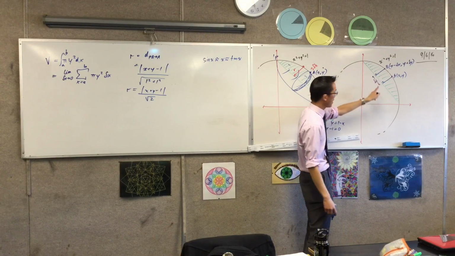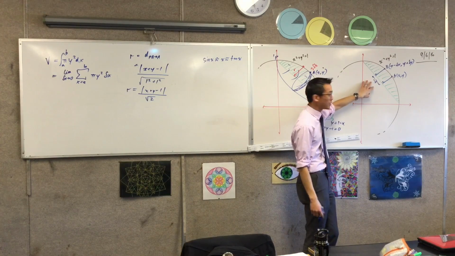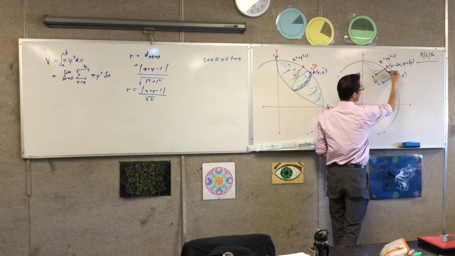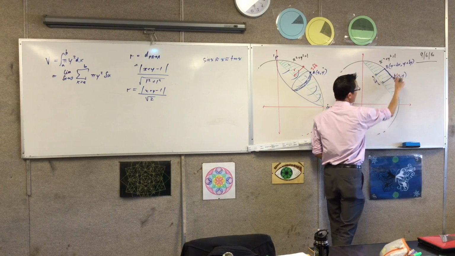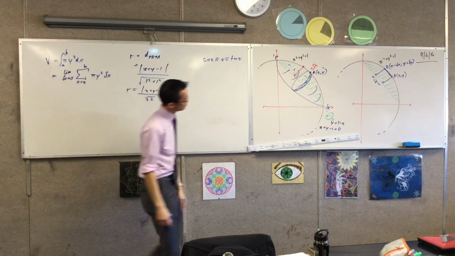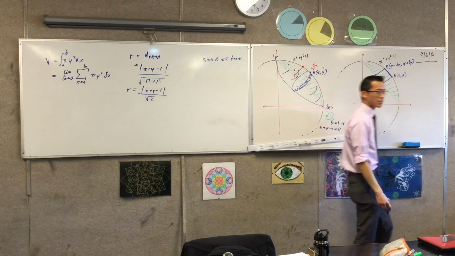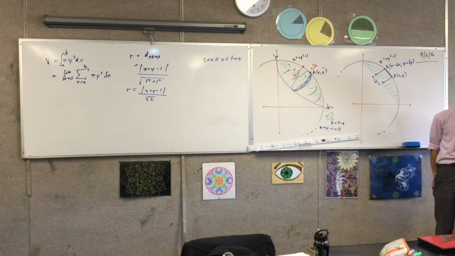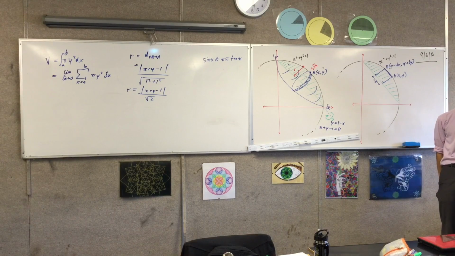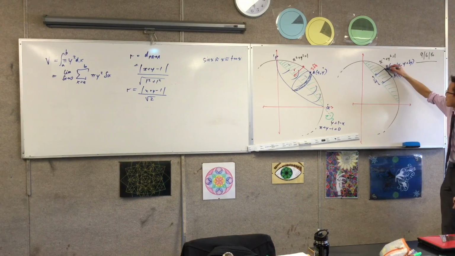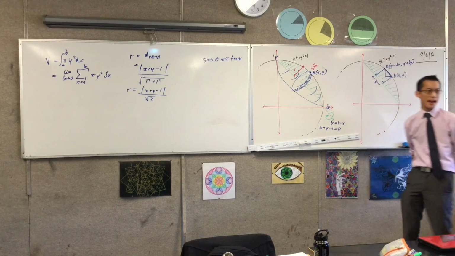Delta h, this distance, is actually quite awkward to get, but a distance that's easy to get is this chord AB. Have a look at that chord AB. How would I work out that distance? I could do the distance formula. There's an even easier way. The distance formula is built on Pythagoras, is it not?